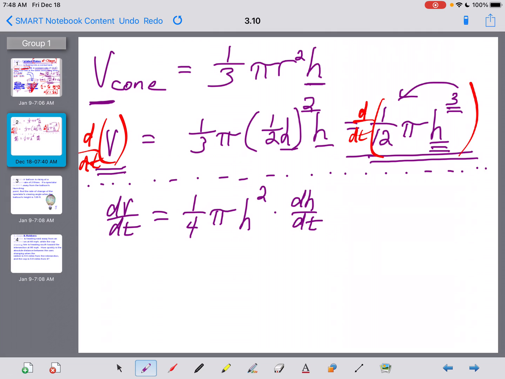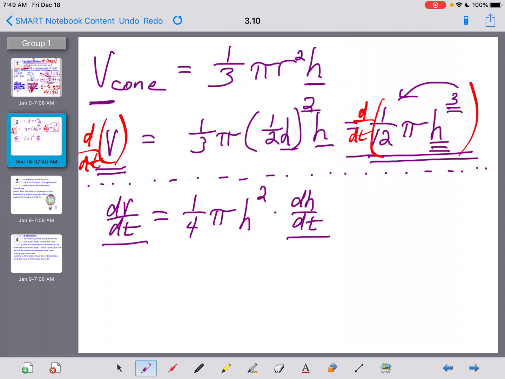So that equation right here that we just came up with, guys, our derivative, is finally the equation that relates the two derivatives, the one that we know, dV/dt, and the one that we want, dh/dt. So finally, took a long time, we finally got an equation that relates our two derivatives, or our related rates of change.